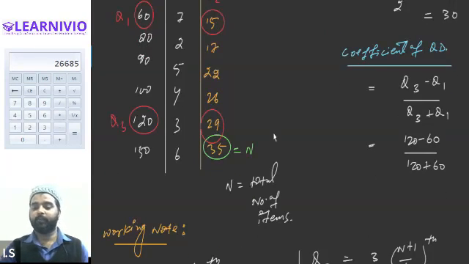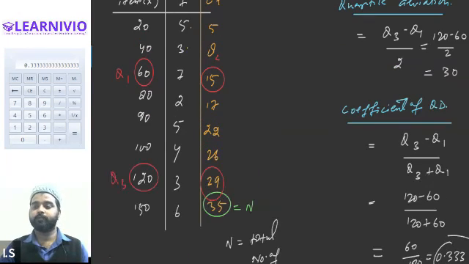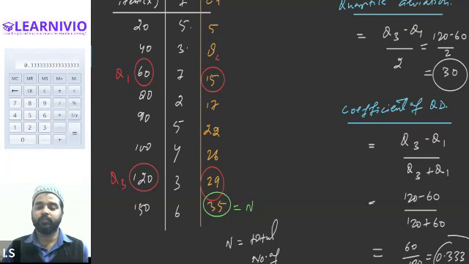Now apply the formula: 120 minus 60 is 60, divided by 180, so 60 divided by 180. Your answer should be 0.33. Any doubts? No, sir. So this is how we solve quartile deviation in case of individual and discrete series.